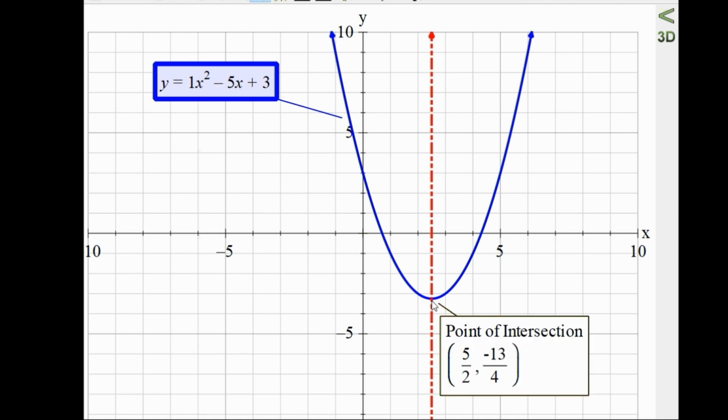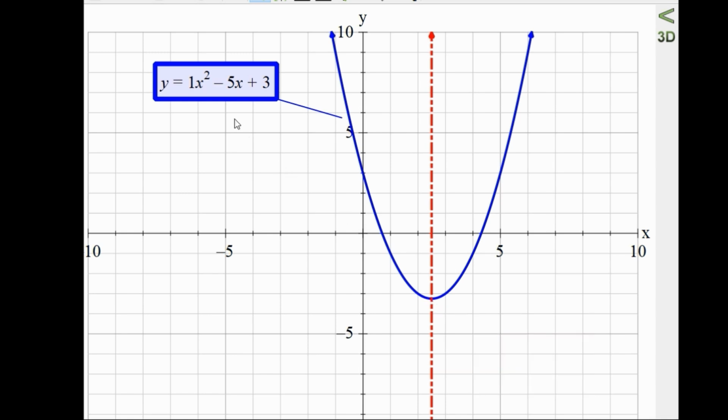The minimum point, or the turning point, proper name is vertex, the turning point, when the number in front of the x squared is 1, not normally shown, is half of that value there, and we do the opposite.